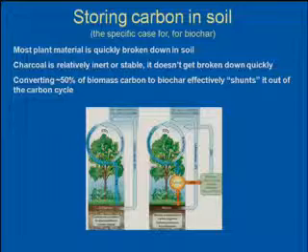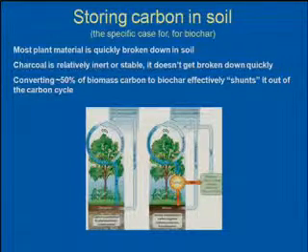We're getting some energy benefit out of that, but the remaining 50%, so 25% of total photosynthate, is then converted into a stable form. So by doing this, by converting 50% of the biomass to biochar, we're effectively shunting that 50% out of the rapidly cycling carbon pool.